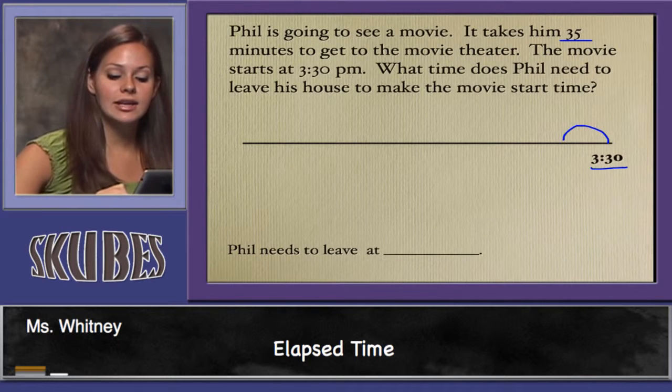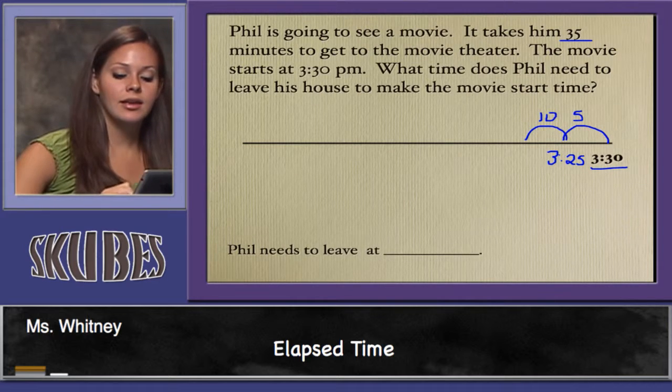Starting with 5 minutes, it will be 3:25. Another 5 minutes, which is a total of 10 minutes passed. It will be 3:20. Another 5 minutes.